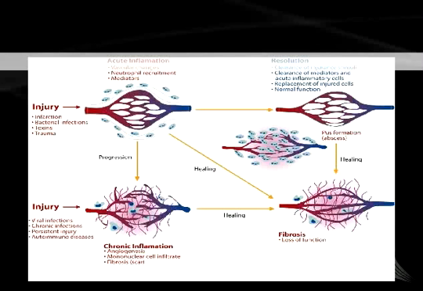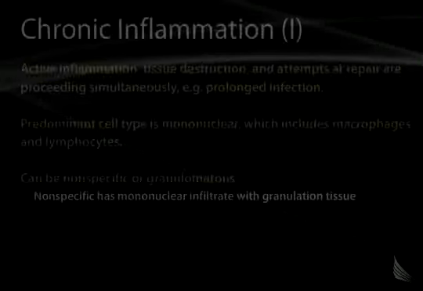Or you can get progression to chronic inflammation. And in that, you get angiogenesis, you get more mononuclear infiltrate, and you get more damage. And this can occur actually directly in chronic infections, viral infections, and autoimmune diseases. And that also results eventually in fibrosis.